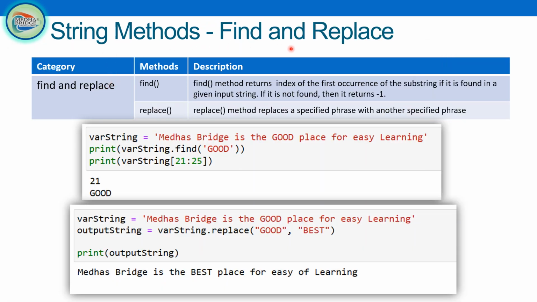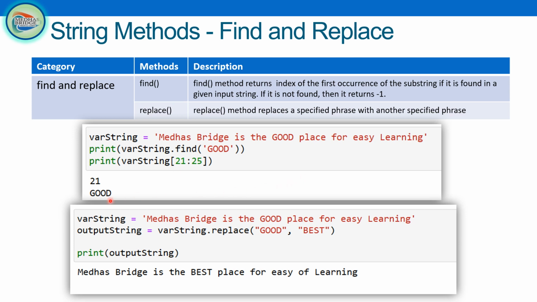String methods find and replace. The find method returns the index of the first occurrence of a substring if it is found in a given input string. If it is not found, then it returns -1. In this example, using the find method, for a given string we are trying to extract a substring and its index value of first occurrence.